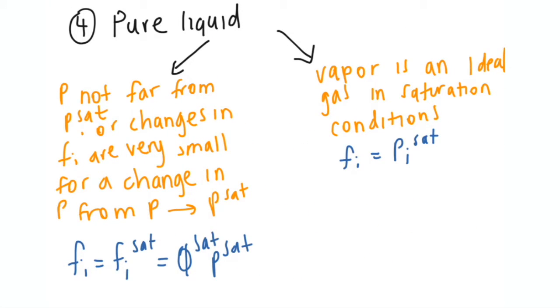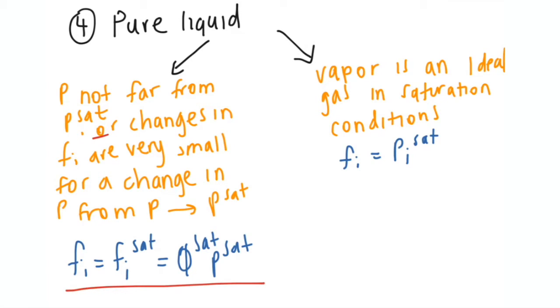And to make an assumption for a pure liquid, we're going to divide this into 2 different categories. The first one is, I write P, so the pressure is not far from the saturation pressure, or changes in the fugacity of a species are very small for a change in pressure going from the pressure of the system to the saturation pressure of the species. If this is worded in your word problem, then you can reduce your fugacity equation to the following.